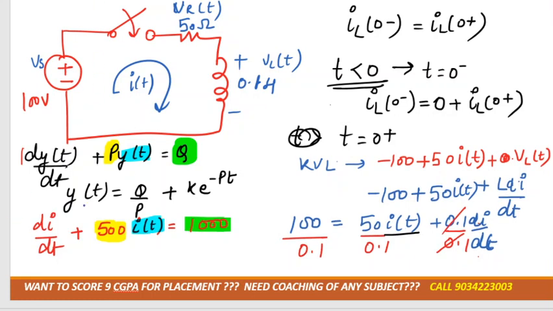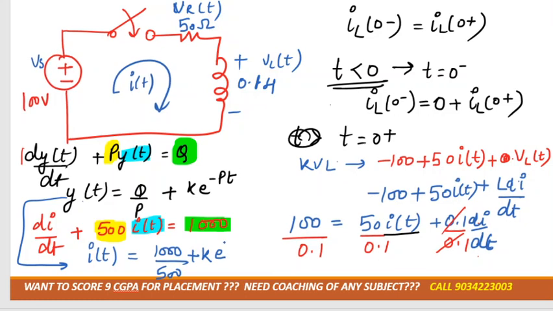Now can we substitute in this equation? Y of t is I of t, q by p is 1000 by 500 is 2, and p is 500, plus k into e raised power minus 500 t. Yes or no?